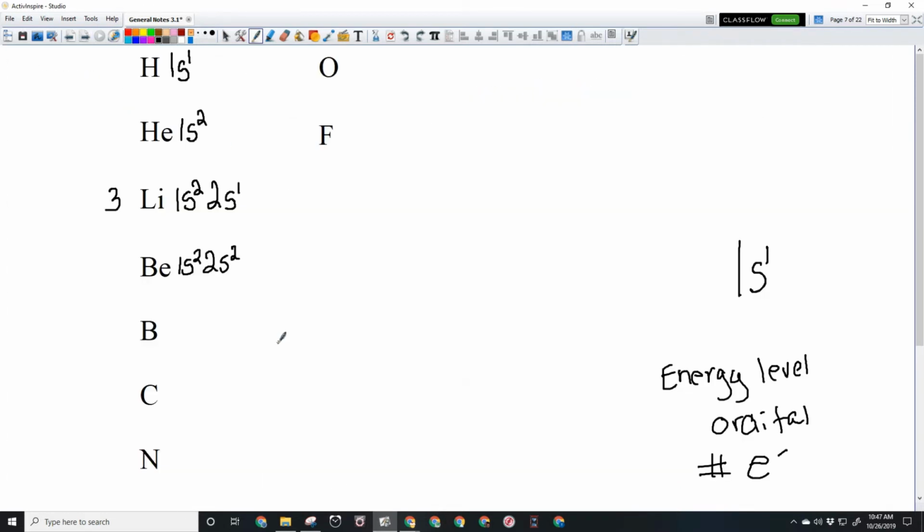So let's go back and write that. For boron, we have a 1s2 that's filled. We have a 2s2 that's filled. And boron is in 2p, in the first position. If we add these exponents, 2, 4, and 5, that should be the atomic number of boron.